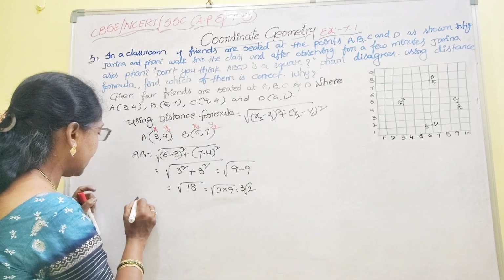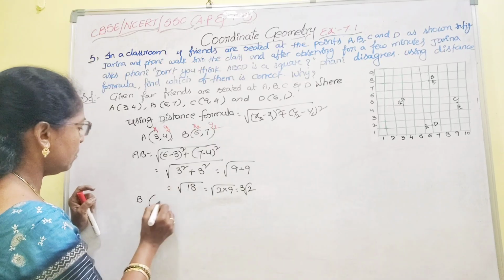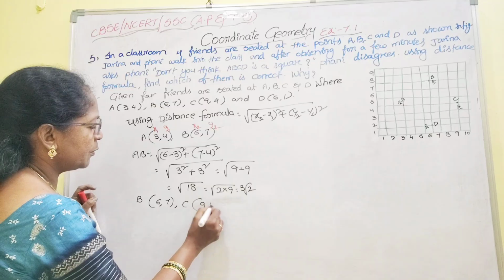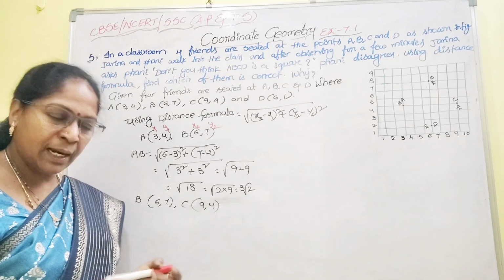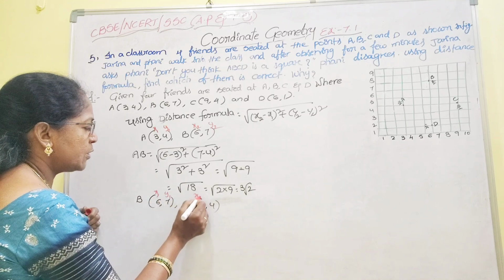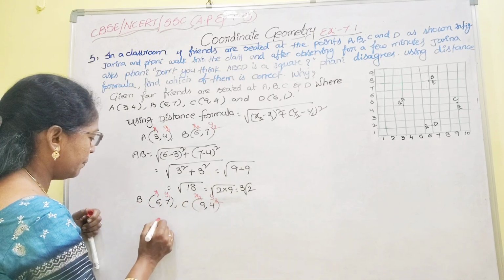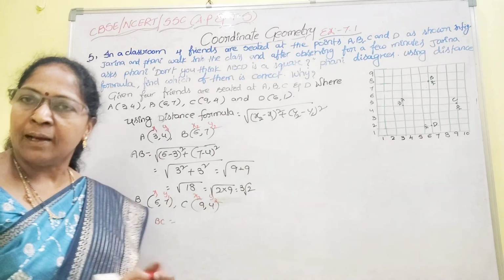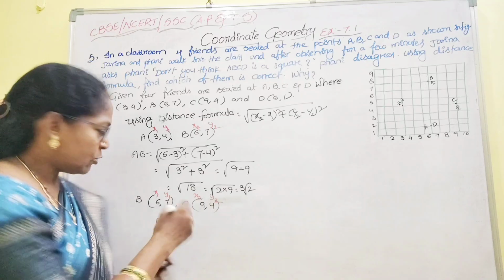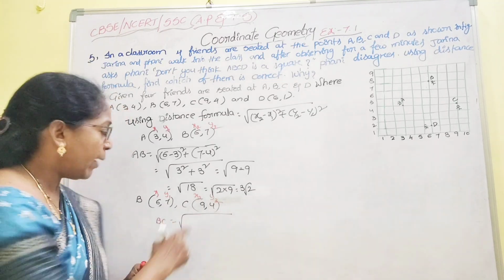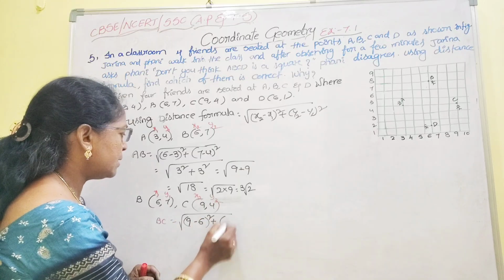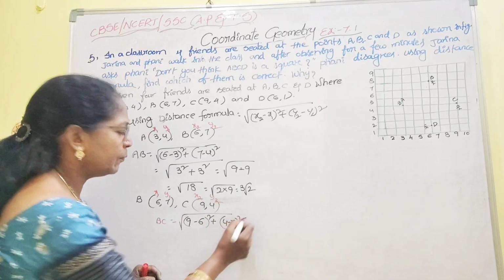Like this, BC. Consider BC, where B is 6 comma 7 and C is 9 comma 4. Again assume the points are x1, y1, x2, y2. Now again apply the distance formula. Every time there is no need to write it, I have already written it here. Just substitute the values: x2 equals 9 minus x1 equals 6 whole square, plus y2 equals 4 minus 7 whole square.